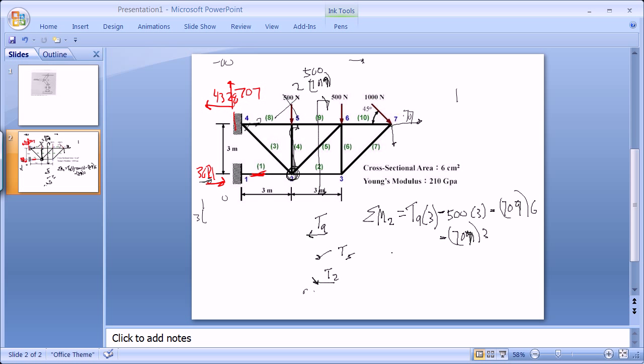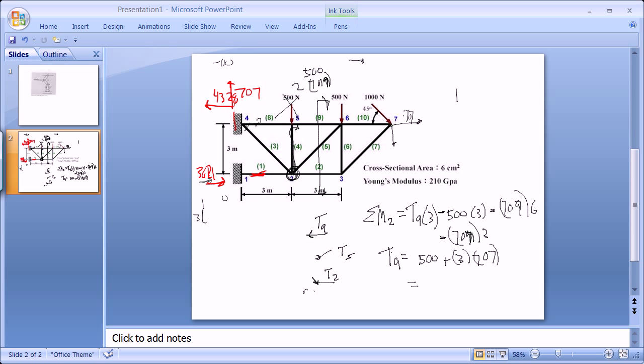And so the tension in 9 is going to be equal to, when we solve this out, 500 plus 3 times 707.